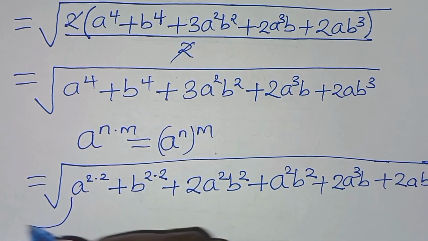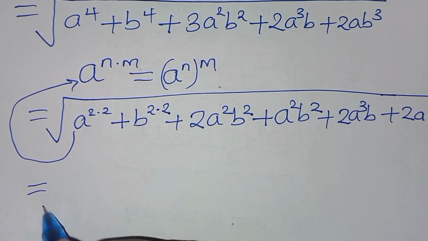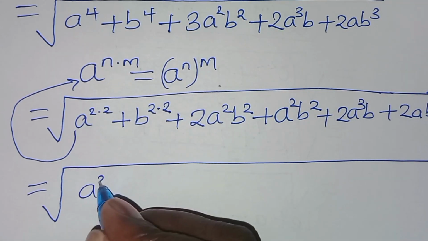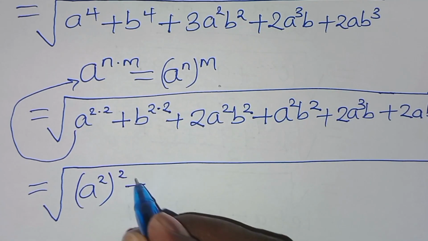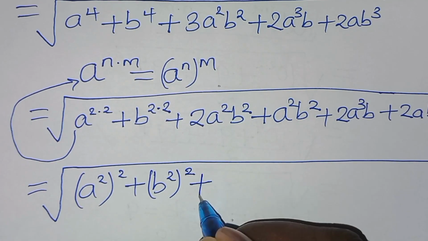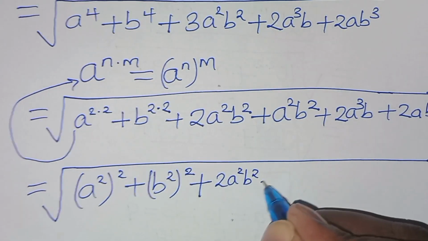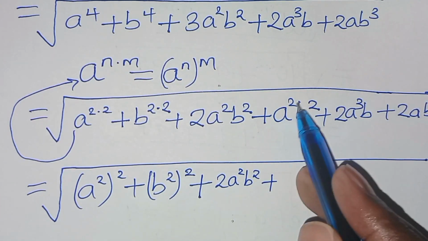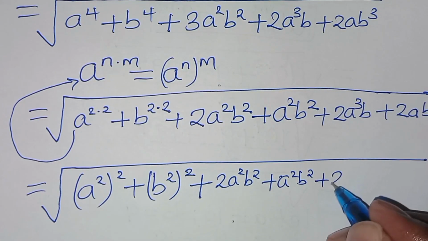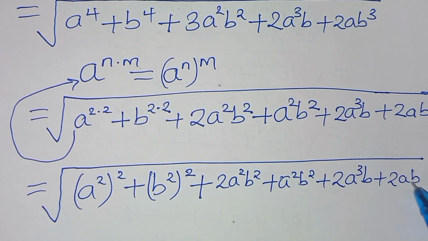Now, applying this property here, this is the same thing as the square root of a squared raised to power 2 plus b squared raised to power 2, then plus 2a squared b squared plus a squared b squared, plus 2a to power 3 b plus 2ab to power 3.